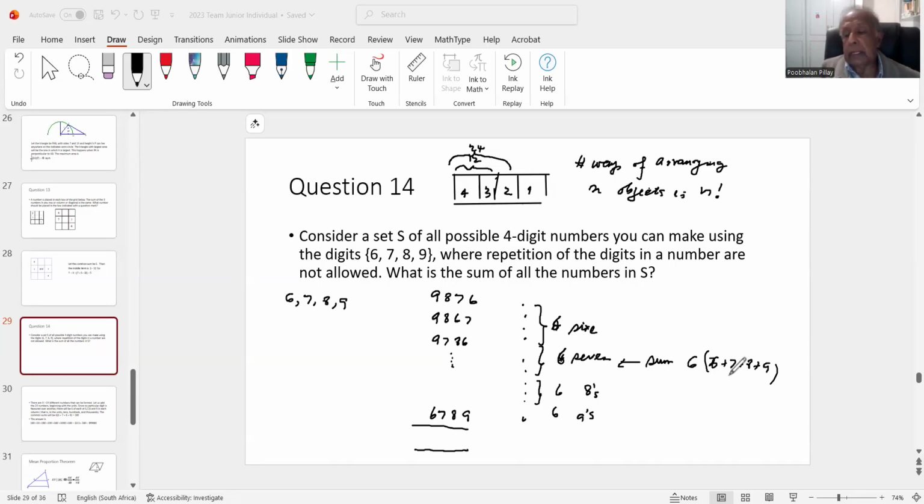That 6 and 7 is 13. 13 plus 8 is 21. 21 plus 9 is 30. 30 times 6 is 180. All right. So all these will add up to 180. Likewise, even all these, the first will add up to 180. The second one will also add up to 180. Third one, and so on.